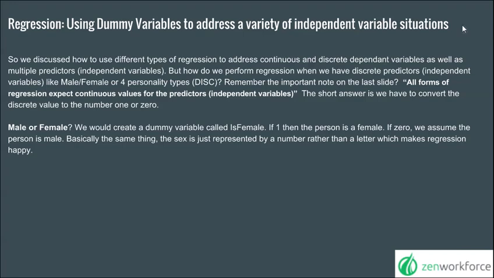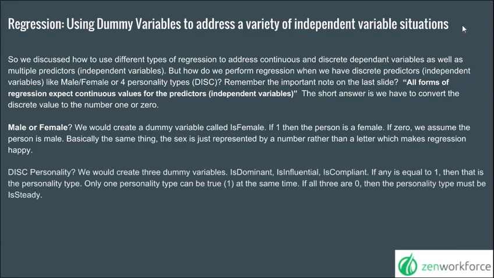Pretty clear. If all of them are equal to 0, then the personality type must be steady, because if dominant, influential, and compliant are false, then steady must be true. And only one of those 3, dominant, influential, and compliant, can be true at any time.